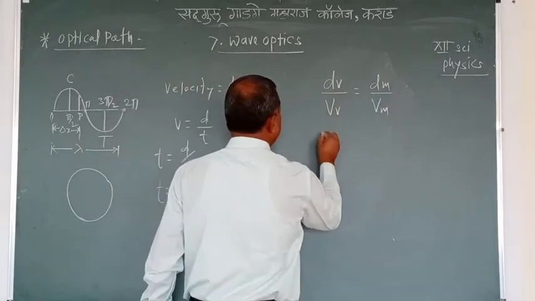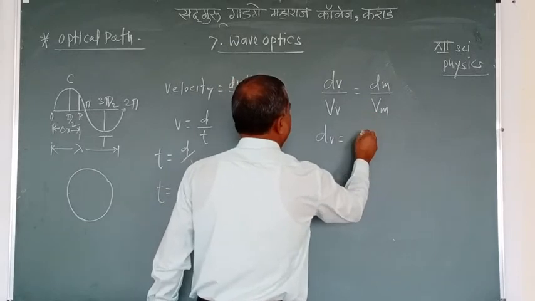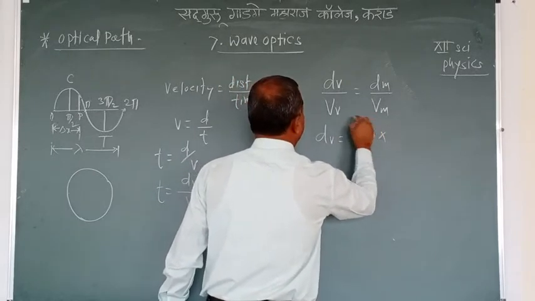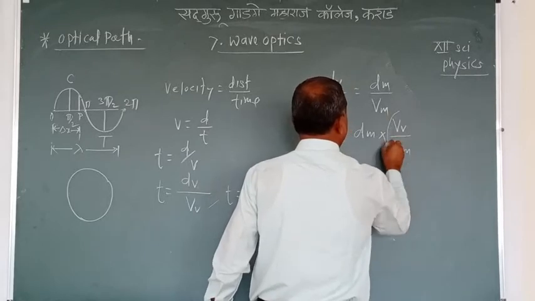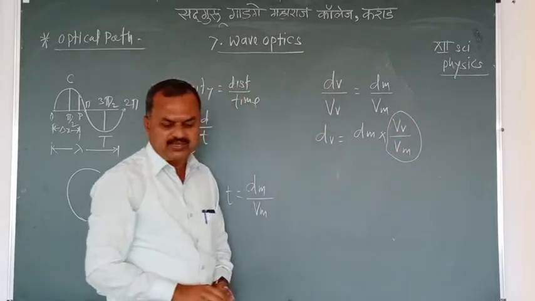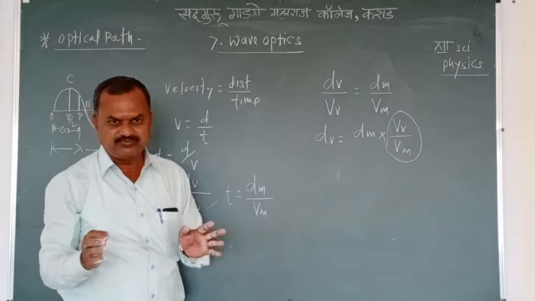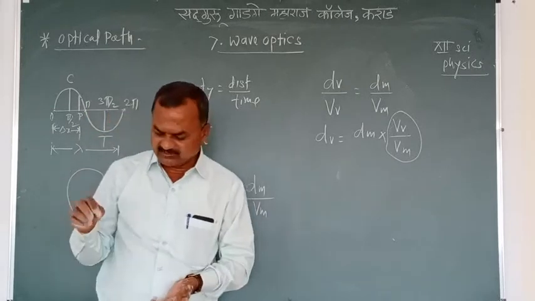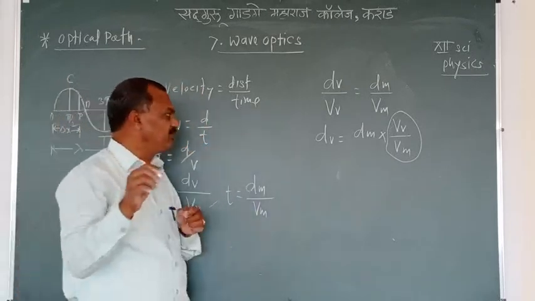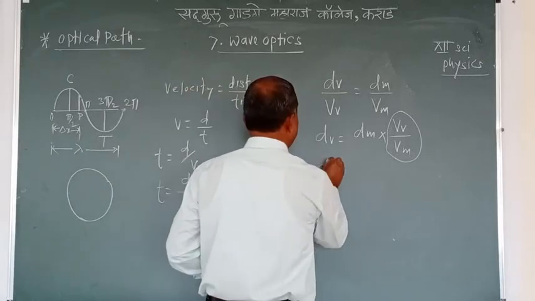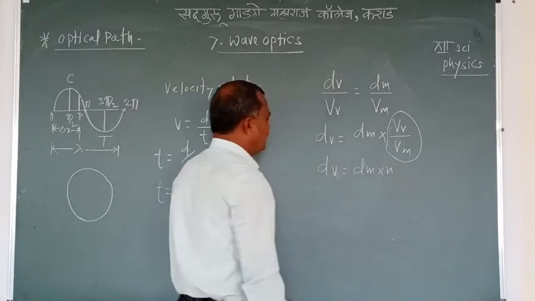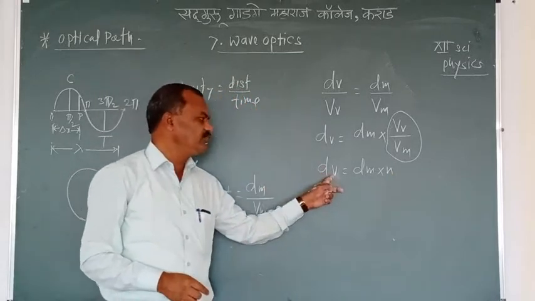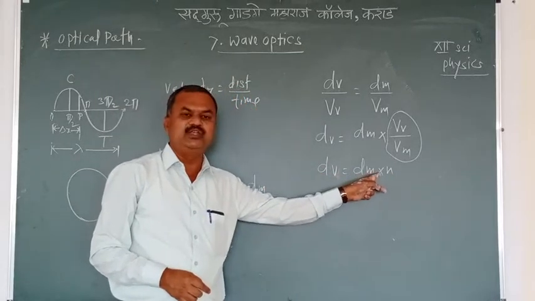Calculate distance in vacuum: dv equal to dm into velocity in vacuum divided by velocity in medium. But the ratio of velocity of light in vacuum to velocity of light in medium is called the refractive index of that medium, denoted by symbol n. Therefore dv is equal to dm into n.